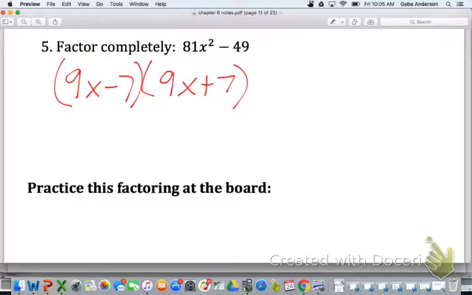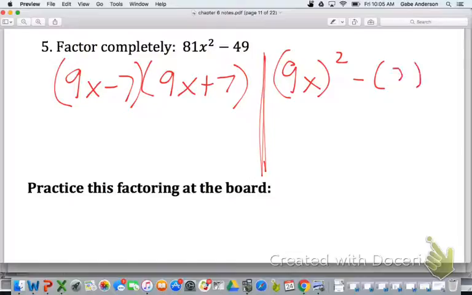What do you have? We got 9x parentheses squared minus 7x. So this? Did I write it correctly? Yeah. So that's a good start. Hey, I'm glad you brought that up.